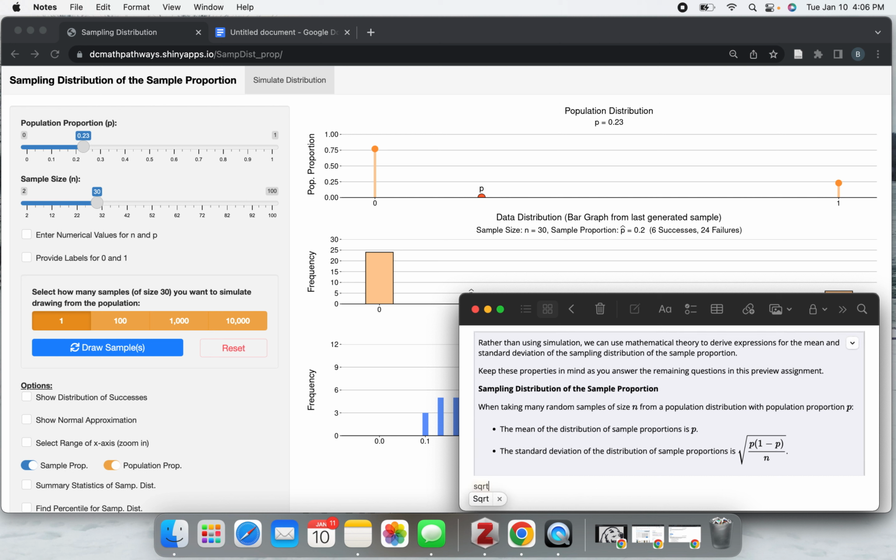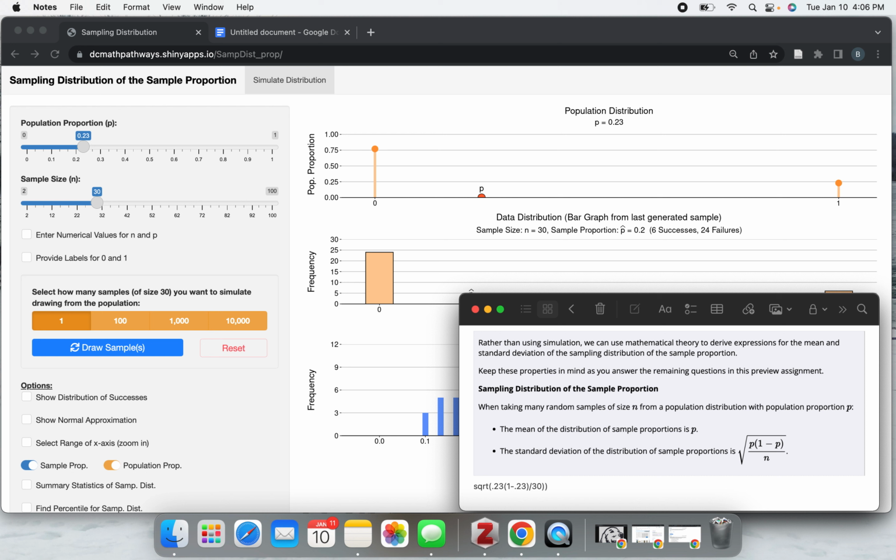If we take the square root of p, which we said was 0.23, times 1 minus 0.23 over our sample size n, which we said was 30, n equals 30. And let's go ahead and do that in our calculator. And then when we put that into our calculator, let's see what we end up with.